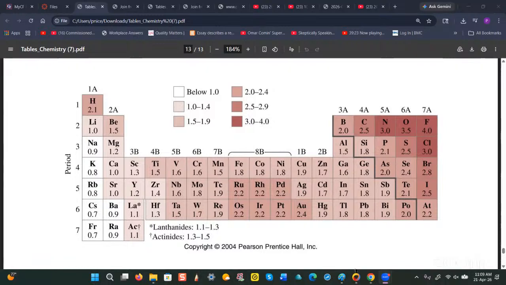Now, related to electronegativity is the topic of polarity. Polarity is used to refer to the degree of separation of charge that exists within a bond or a molecule. So let's talk about the bond first, and later on we'll get to a discussion of polarity of molecules. If you have two atoms that are different, bonding to each other, sharing electrons, one will have a greater attraction for the shared electrons.